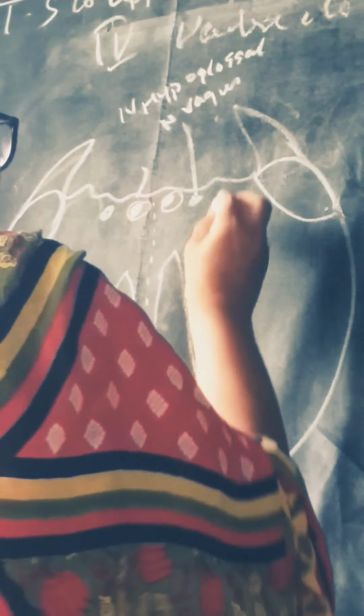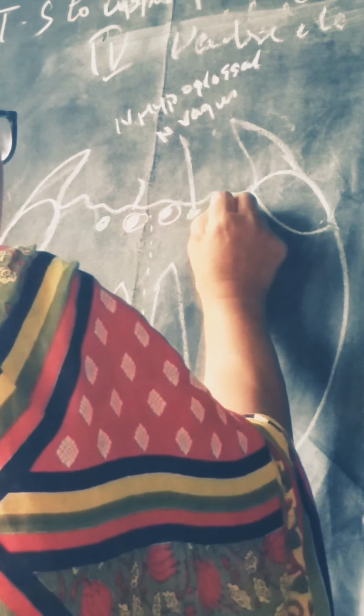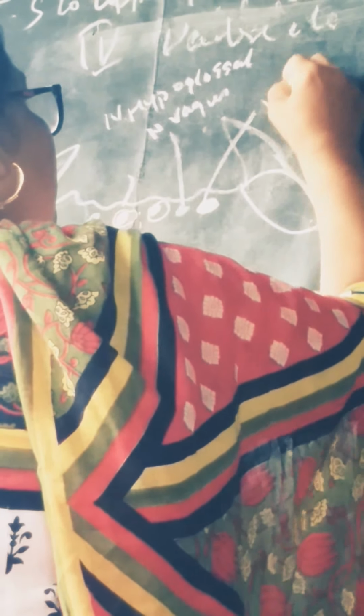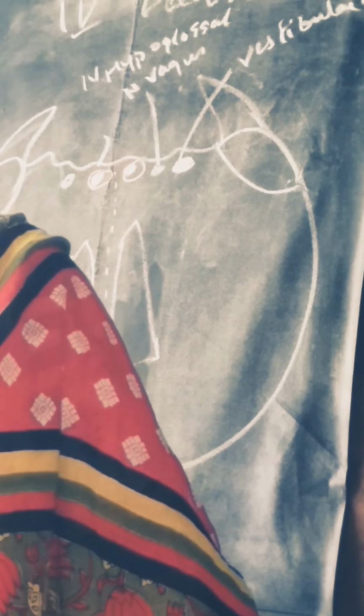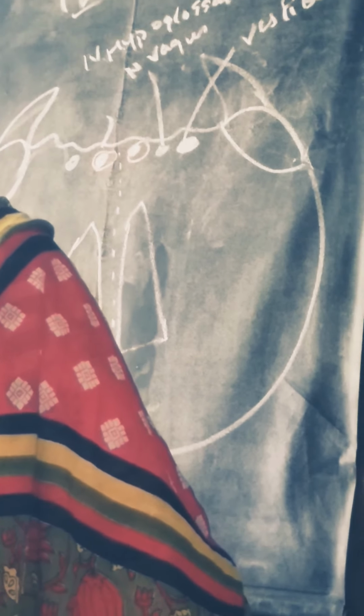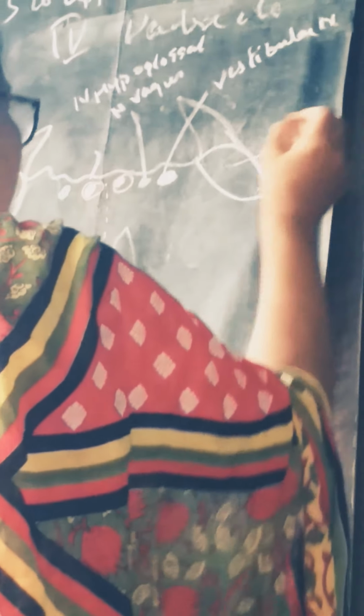Still lateral to that you have the vestibular nucleus. Got it? This is the vestibular nucleus. Below that you have the medial longitudinal. This is the inferior cerebellar peduncle.